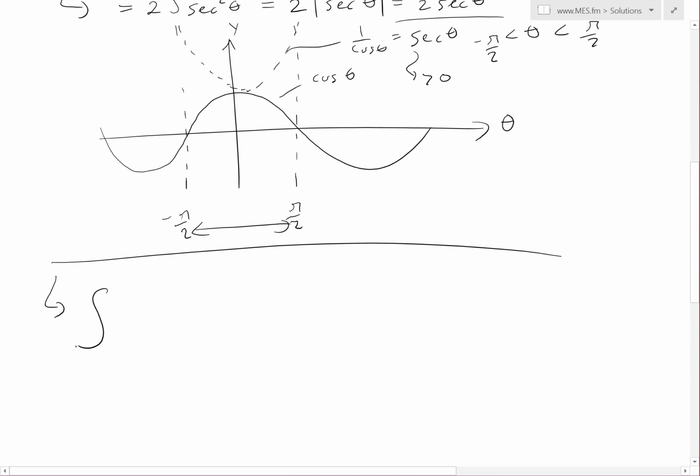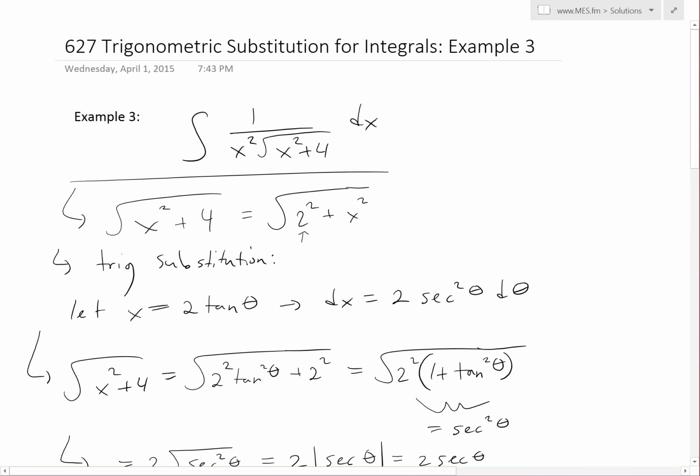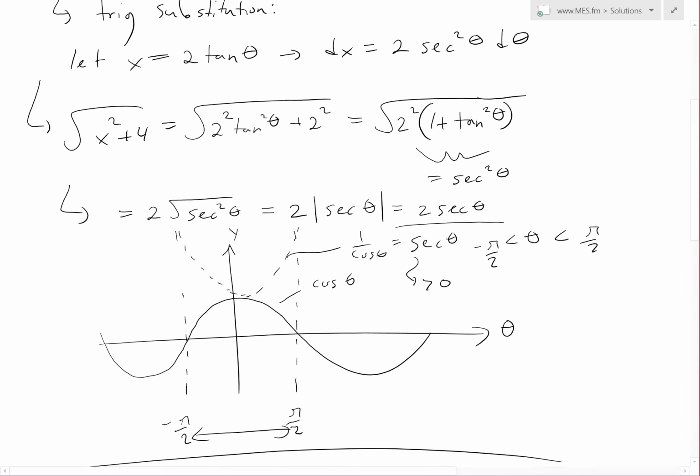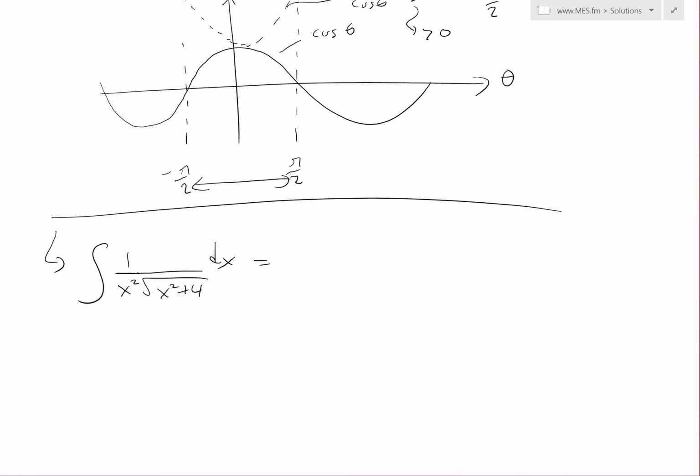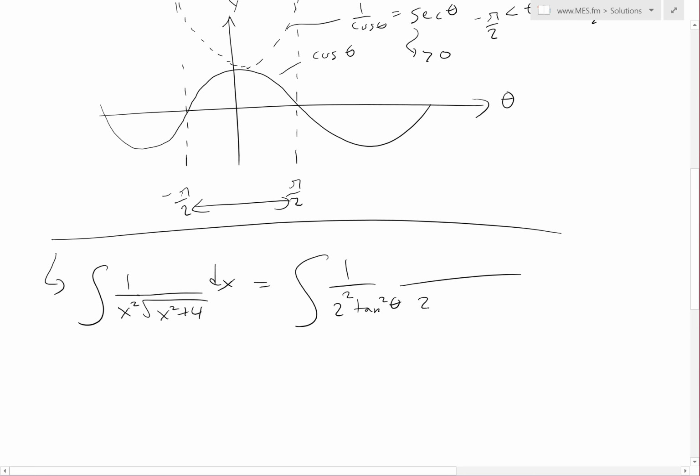So we have the integral of 1 over x squared times the square root of x squared plus 4, dx. When we apply all of this to it, the square root of x squared plus 4 equals 2 secant theta, and x squared is 2 squared times tan squared theta, so this is all divided by 2 squared tan squared theta times 2 secant theta.